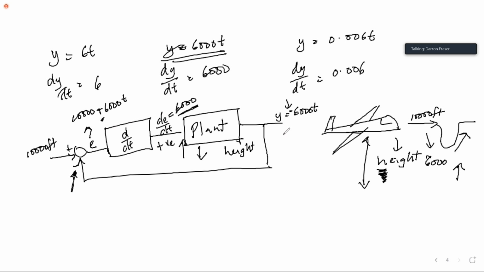So now, when this is y equal 10,000, when it goes back up to 10,000, 10,000 minus 10,000, the error would be 0. The derivative would be 0. So it wouldn't trouble anything. If the thing here is 10,000 and the input is 10,000, the difference is 0, the derivative would be 0. So it wouldn't trouble anything.